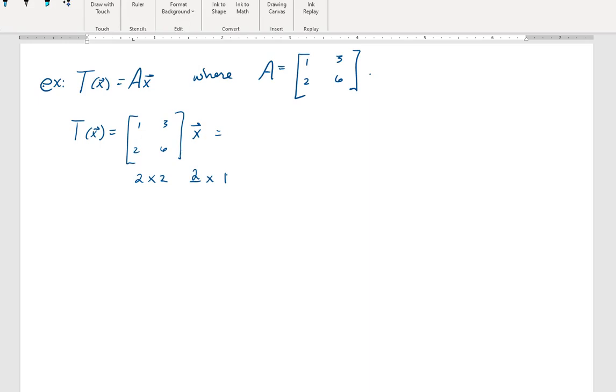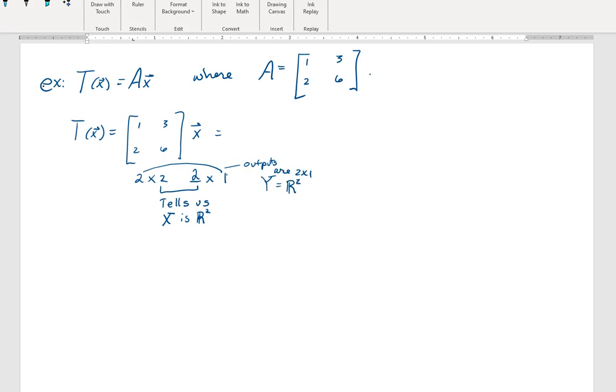Okay, now, what does that tell us? This right here tells us that our domain is R2. Our inputs are two-dimensional vectors. The outputs are 2 by 1, so our target space is also R2.